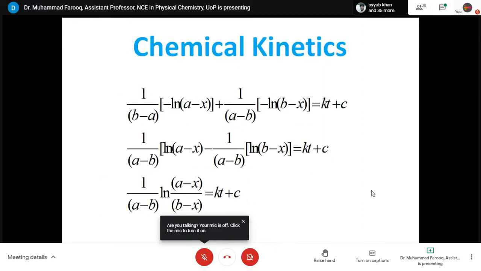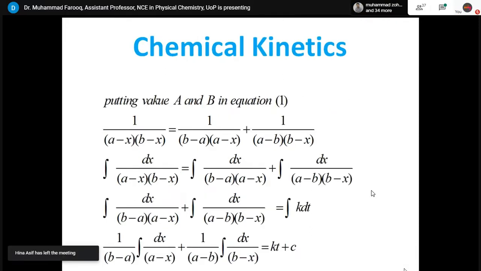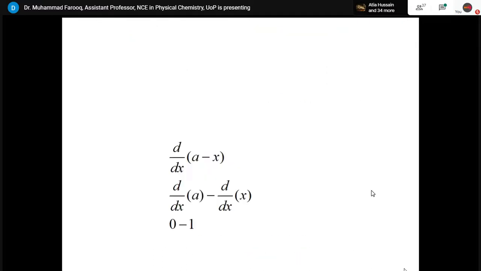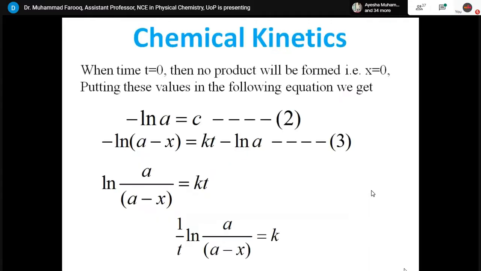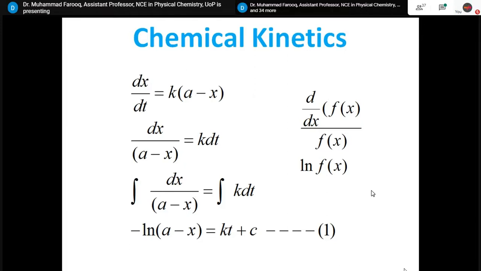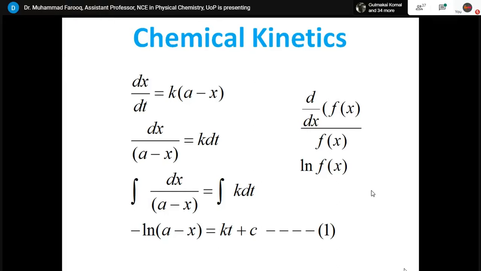Yes, sir. Okay. Now 1 over b minus a. Now just look, if you remember, I said if we have integration, if we have a function in the denominator, a minus x, and its derivative is present in the numerator, then dx divided by a minus x integration is equal to minus log of a minus x, because the derivative of a minus x is minus 1.